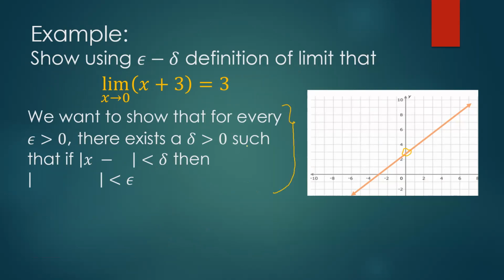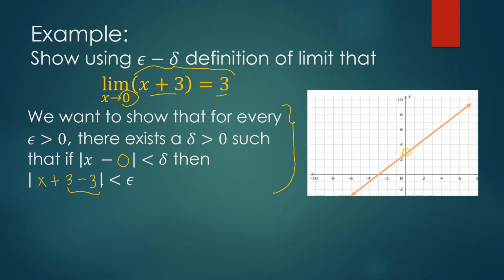There exists a delta greater than 0 such that if absolute value of x minus 0, this is our a, is less than delta, then the value of the function, this is what you subtract, x plus 3 minus 3, is less than epsilon.